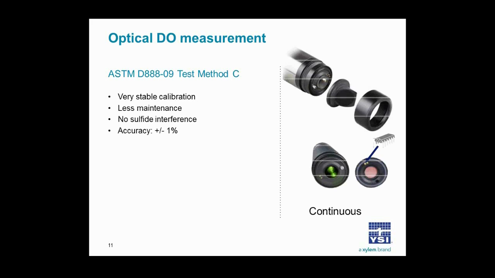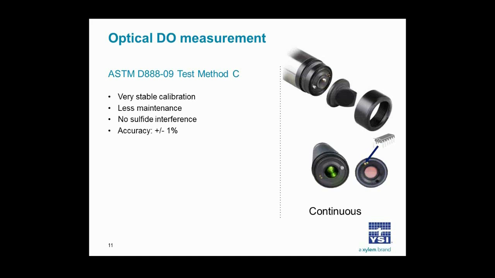Very stable calibration, lower maintenance. There are no membranes to replace, no electrolyte to replenish, no sulfide interference, and a very good accuracy. So these are all improvements over the polarographic style of measurement.